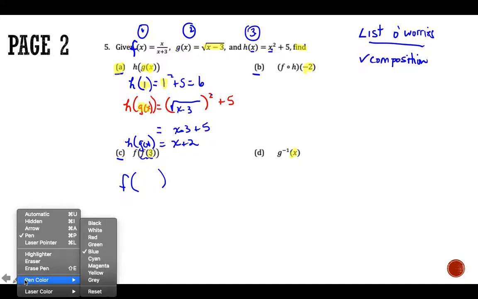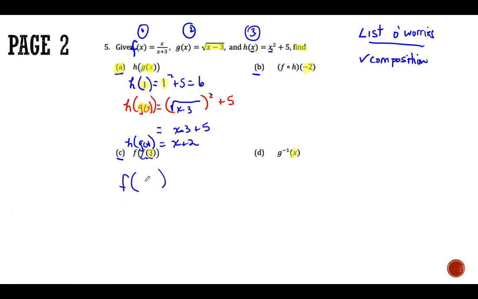So let me do this. What is just f of 3? What is just the inside part? Go find function f and put a 3 into it. Isn't that 3 over 3 plus 3? You're not going to cancel those 3's, right?